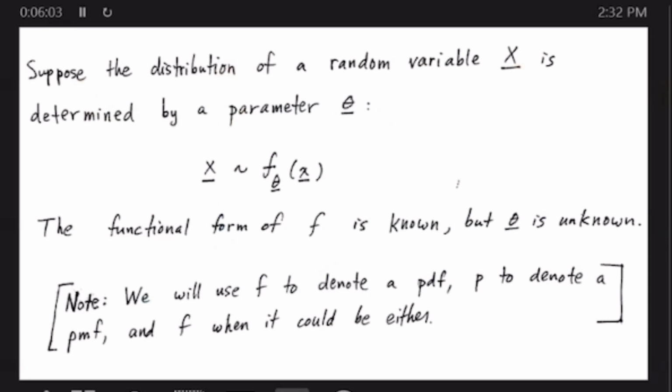If I want to figure out the value of a parameter, as I told you the other time, the parameter could be mean, variance, standard deviation, proportion, difference of means, or difference of proportions. It could even be an unknown parameter in a particular probability distribution.